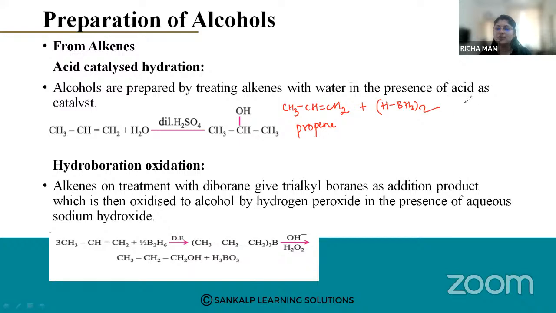First, you will get a trialkyl borane. So I'll get CH3, CH2, CH2 and BH2.